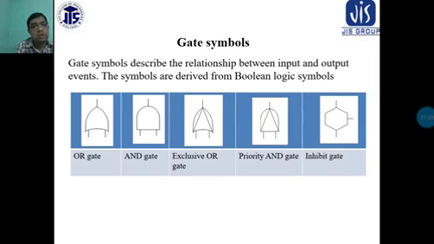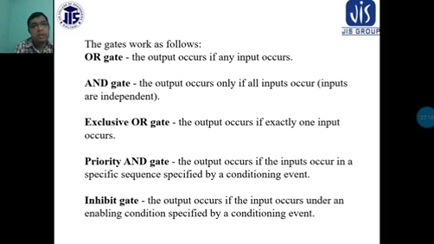The fourth is the priority AND gate, and the fifth is the inhibit gate. The gates work as follows. For the OR gate, the output occurs if any input occurs.